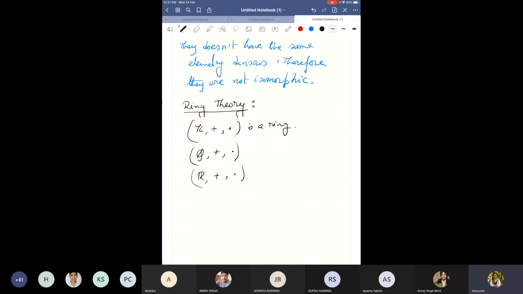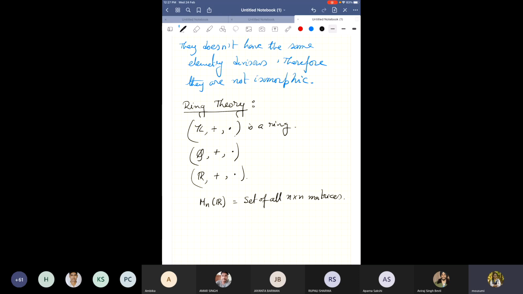Okay, now let's go a little bit out of this number system. So let's go to M_n(R). What is M_n(R)? The set of all n cross n matrices. Now I need to have two operations.